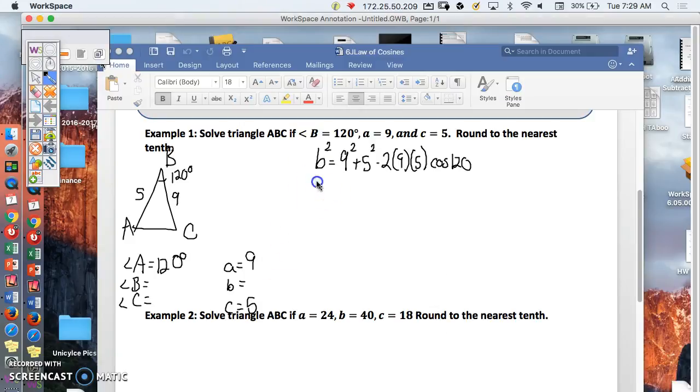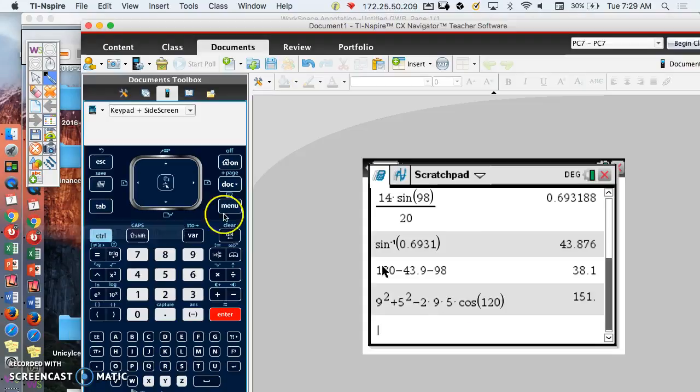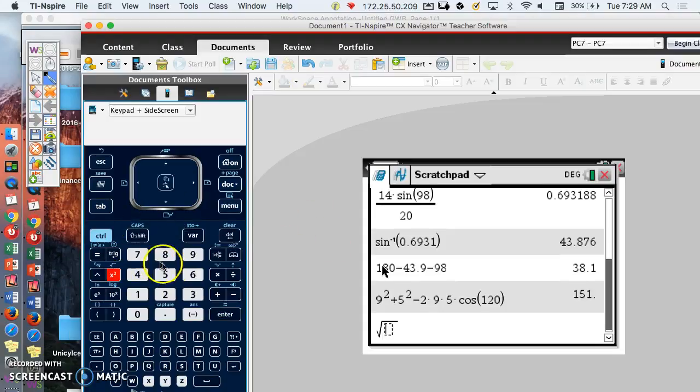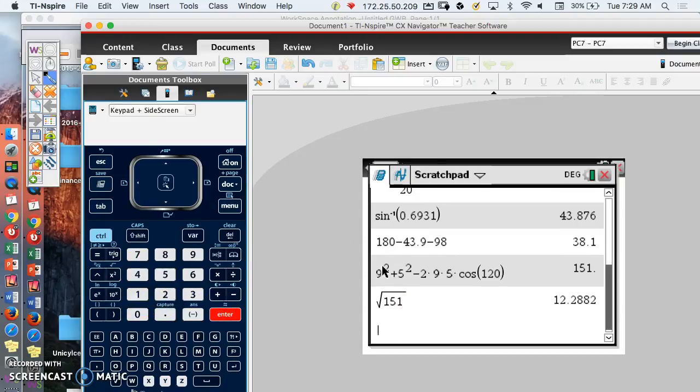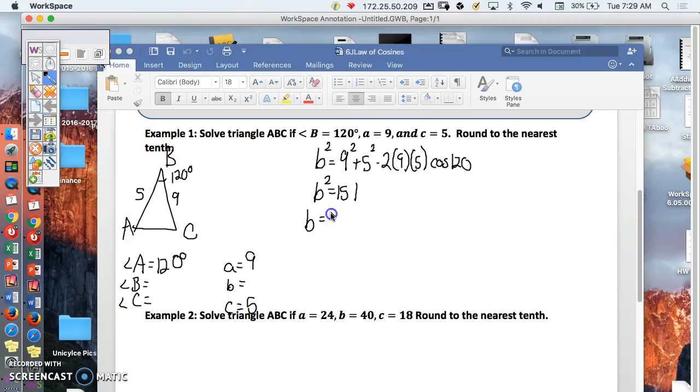So 151 is b squared. And then we go back, take the square root of that. So we have 12.3. So we know that this is 12.3, but we still have to find the angles.